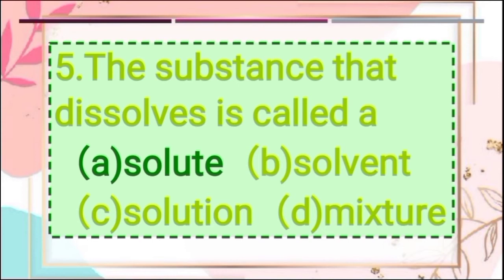Because the substance that dissolves is called solute, where option B is solvent, but solvent means the substance in which the solute dissolves. And option C is solution, which is formed when two or more substances mix together. Means that is mixture of solute and solvent.